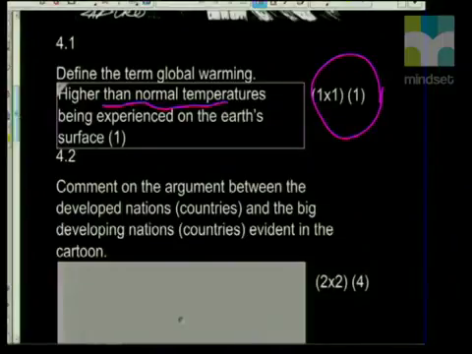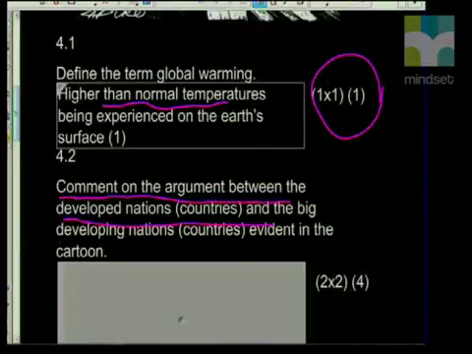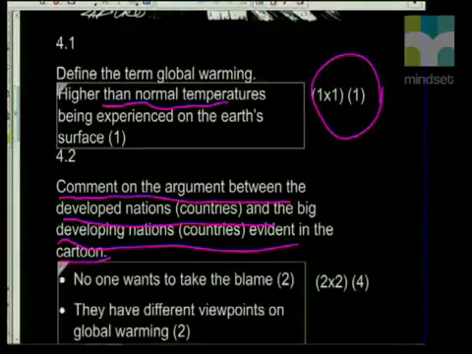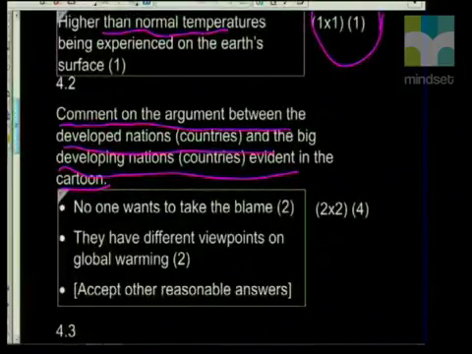Comment on the argument between developed and developing countries which is evident in the cartoon.